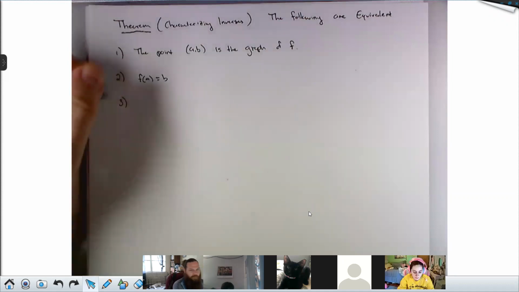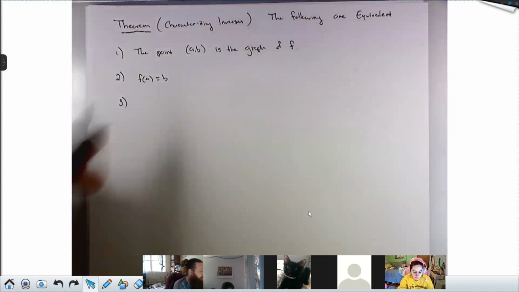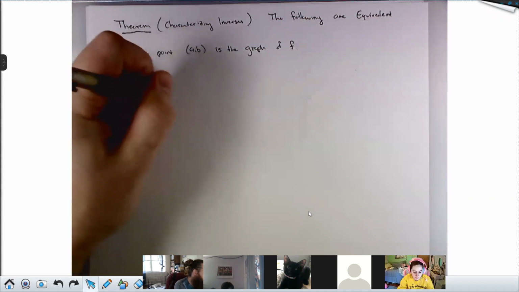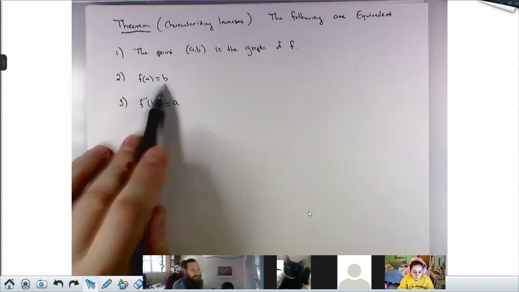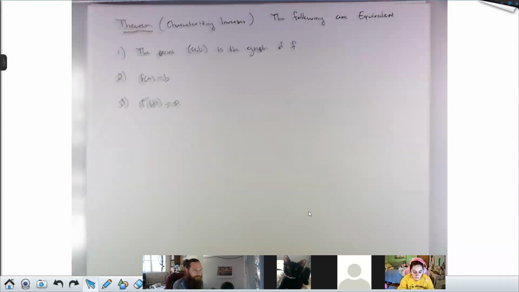Thinking about things through the inverse lens, we know that f of A equals B is equivalent to saying f inverse of B is equal to A. Right? This means f sends A to B. So f inverse has to send B back to A.